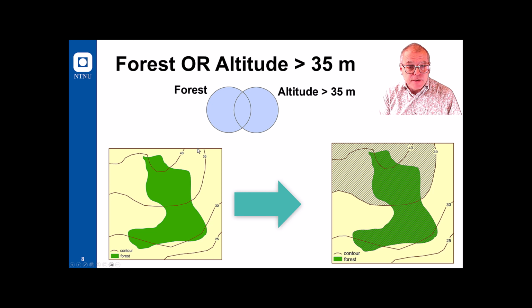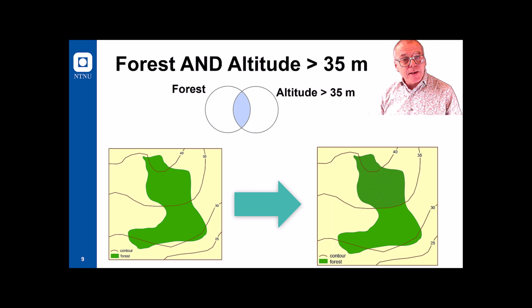So if this is the input map, the shading here is then illustrating the response to this query. So we will get everything which is forest, everything which is green here will be part of the set, and everything which is above 35 meters. So both of these expressions will then be part of the result.